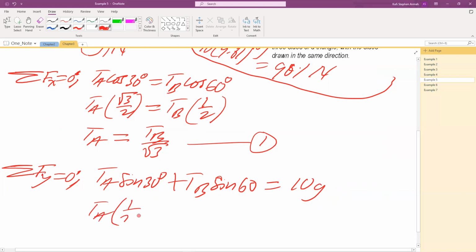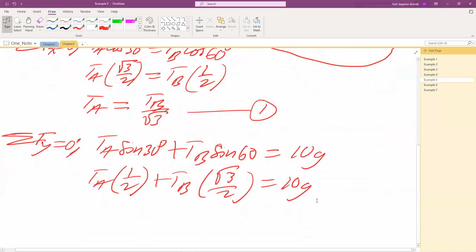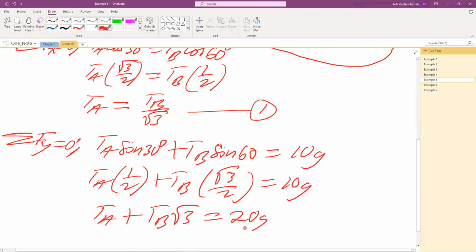Sine 30 is half, and sine 60 is √3 over 2, equal to 10G. You can use the 9.81, no problem. You can multiply everything by 2, so you get TA plus TB√3 equal to 20G, and that is equation 2, where I multiplied everything by 2.